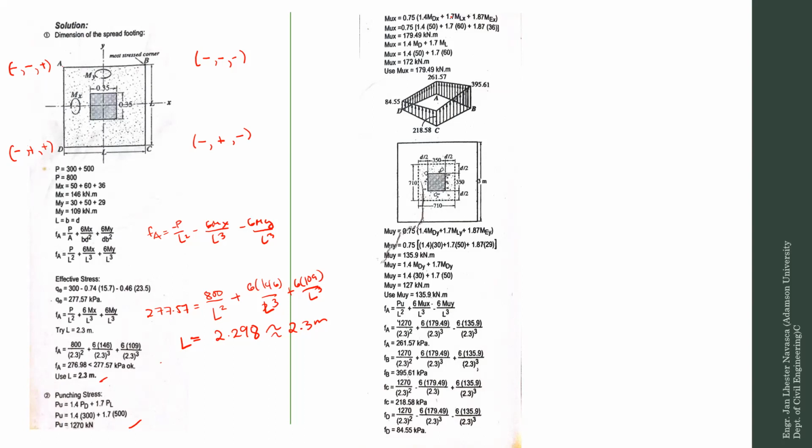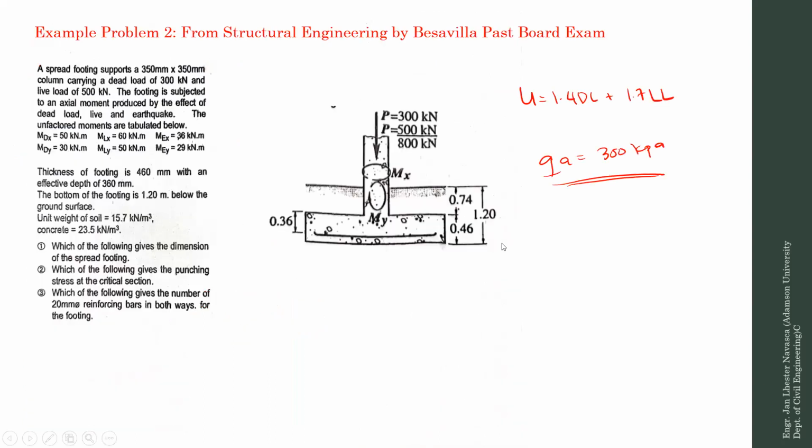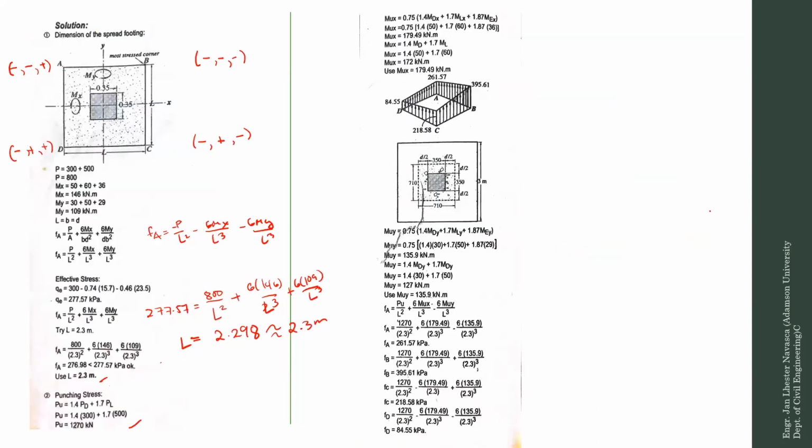Okay. So therefore, sulat ko lang dito sa labas. Ang load factor pala is, this is U1. For U2, that is 0.75, 1.4 dead load, plus 1.7 live load, and 1.87 earthquake. The problem should state a load combination.